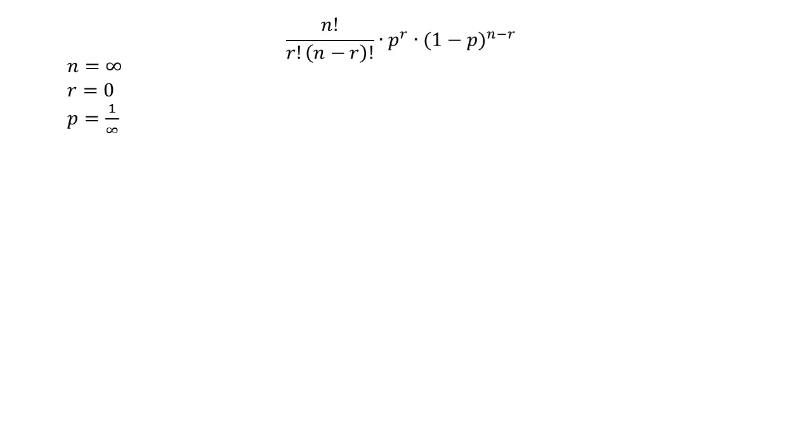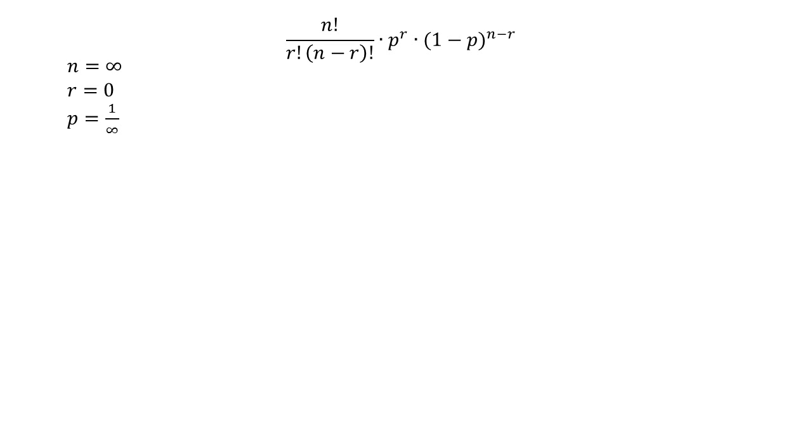So n is going to be infinity because we're rolling it x times, and x is approaching infinity. r is going to be 0, and p is going to be 1 over infinity, because if you had a fair 12-sided die, the probability of a certain integer popping up would be 1 in 12, so now it's going to be 1 in infinity.